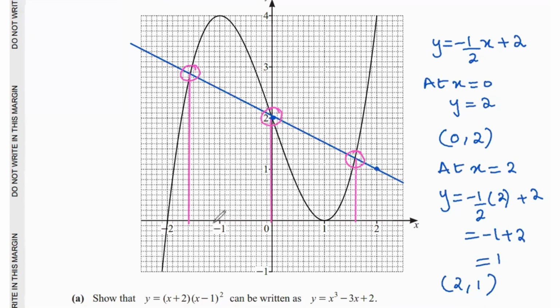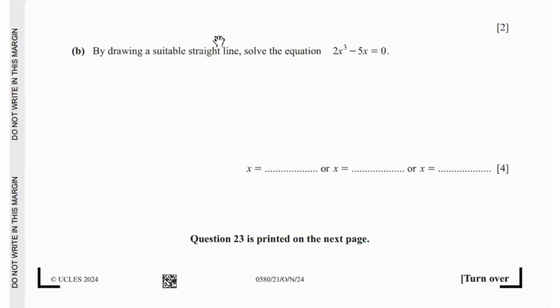So over here, it's negative 1.6, and over here it's 1.5, and here it's 0. So the values of x that I'm getting are negative 1.6, 0, and 1.5. That's my answer.